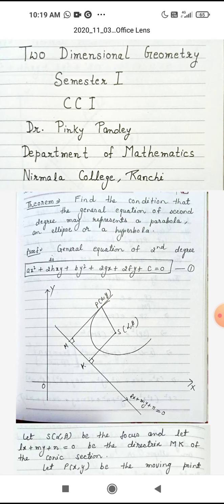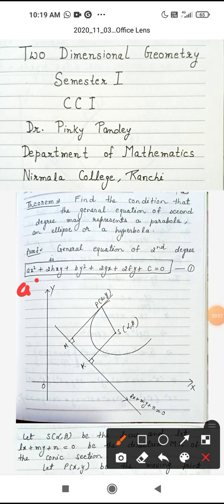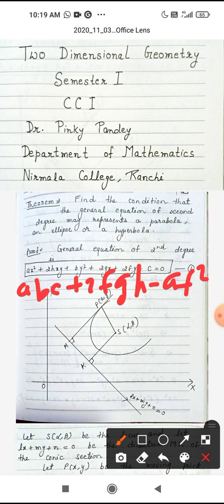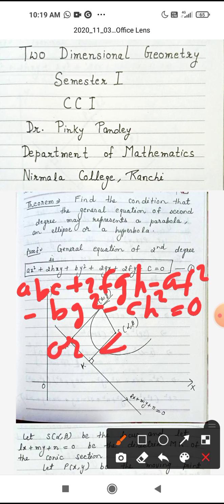We know that this equation 1 represents a pair of straight lines if abc plus 2fgh minus af square minus bg square minus ch square is equal to 0, or we can write it as delta equal to 0.